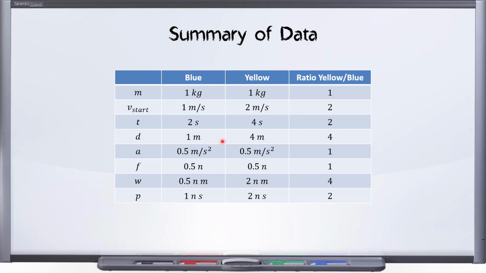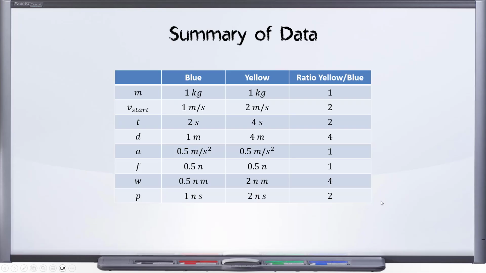But it managed to cover 4 times the distance in that period of time. The accelerations we observed during that time were the same. It's just that the acceleration acted over a longer period of time in this case, right? So the accelerations, and thus the force, we observed were the same.